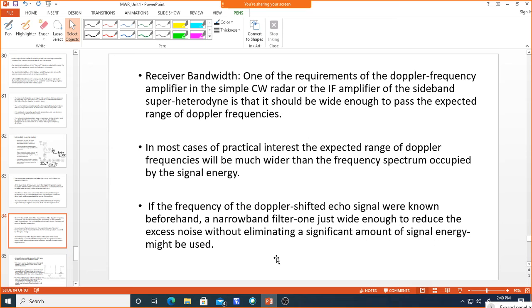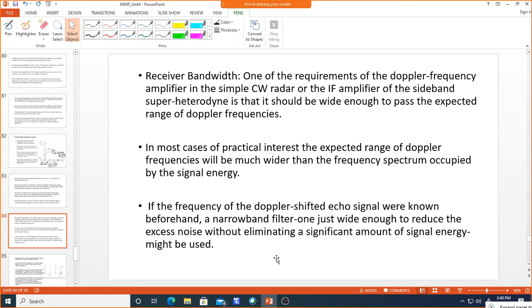We cannot determine the Doppler shifted echo signal before transmission. Even with a mathematical model calculation of the expected Doppler frequency range, practical issues make it impossible.